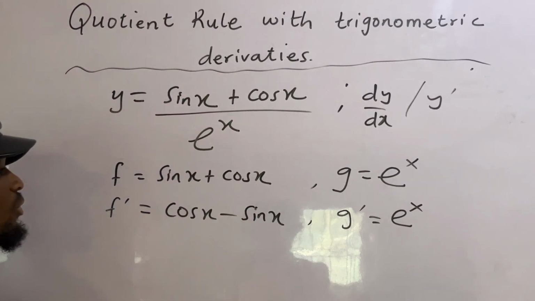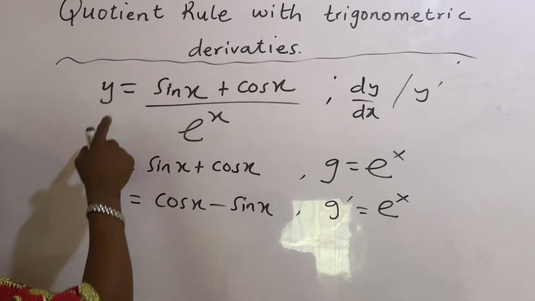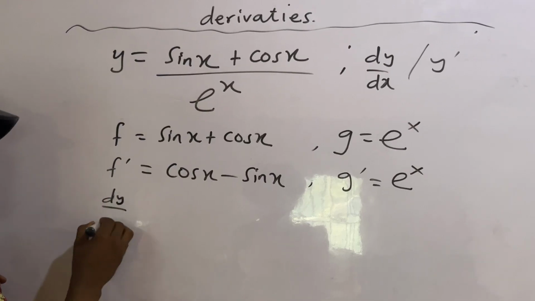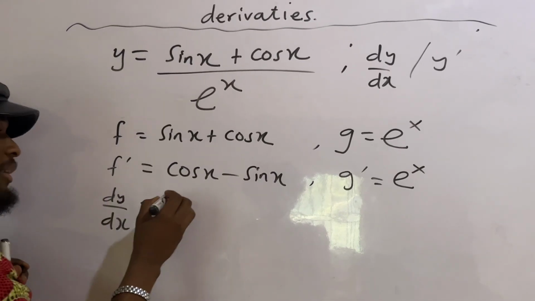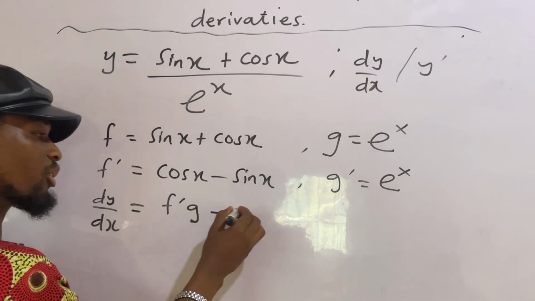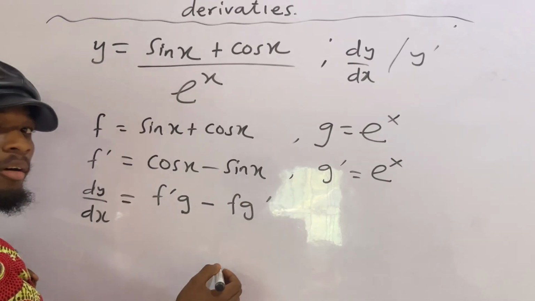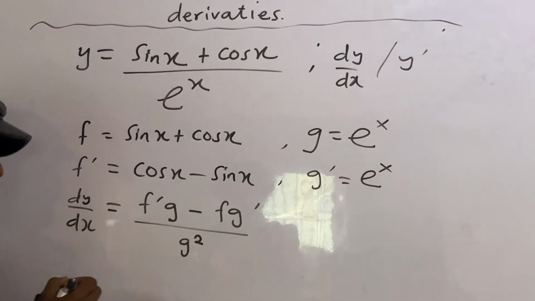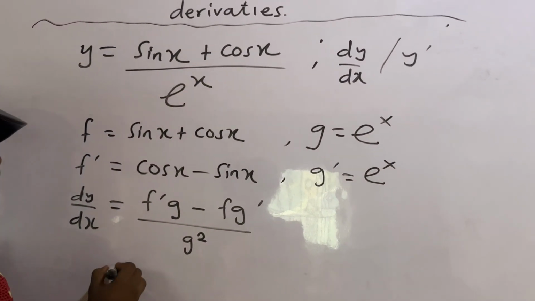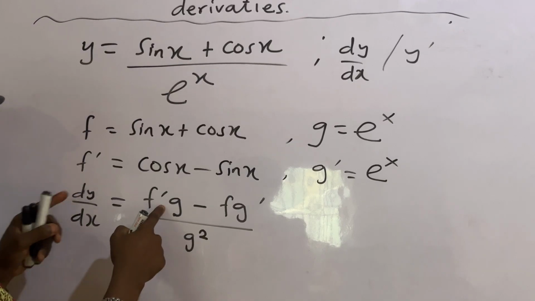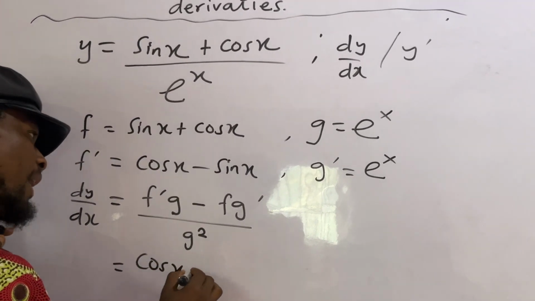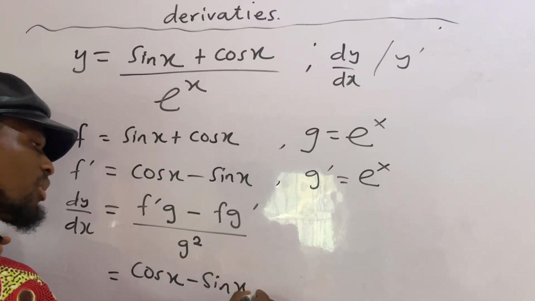We know that for the quotient rule, dy over dx is f prime g minus f g prime, all over g squared. Right? Good. So let's do substitution. f prime is this expression, which is cos x minus sine x.